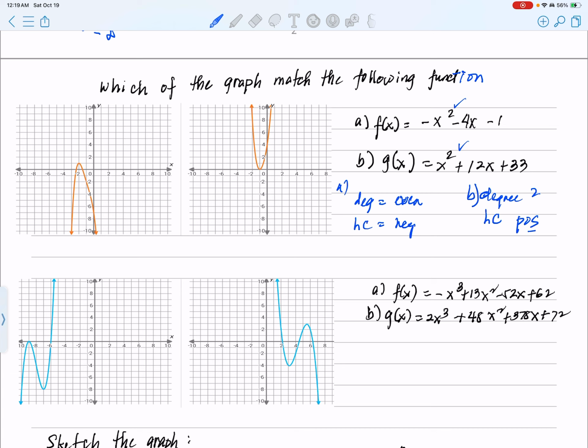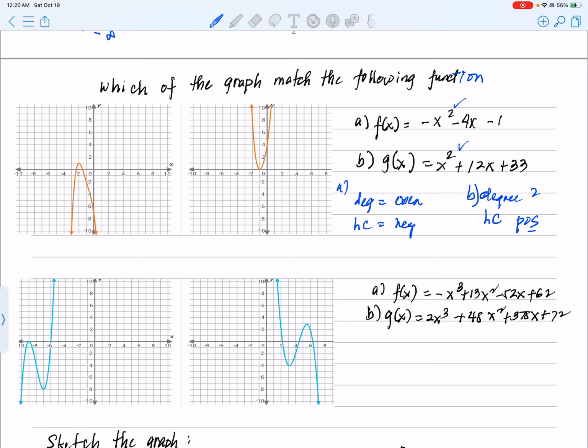Okay. So remember in the table, when the degree is even and the leading coefficient is negative, how does our graph look like? It falls to the left and to the right. Both are facing down for negative, and then both are facing up. Okay?